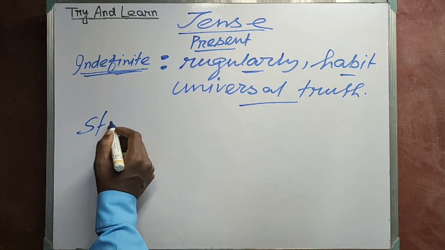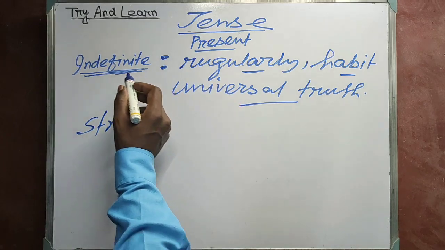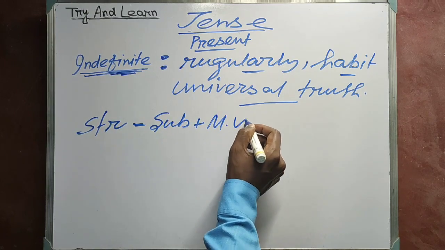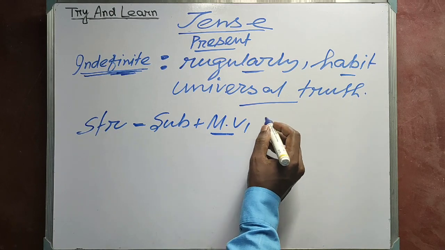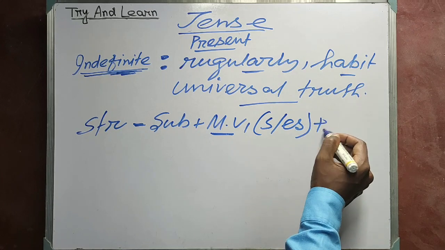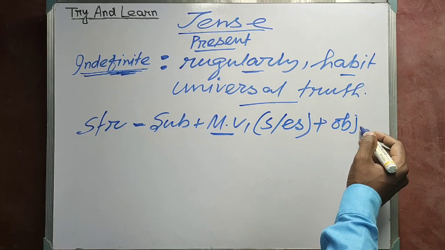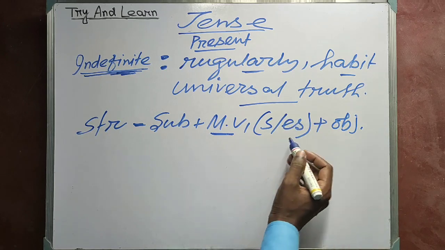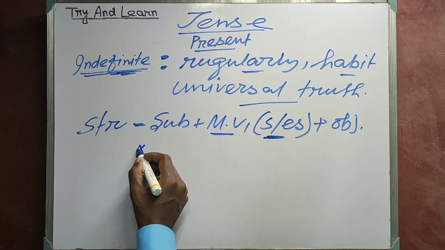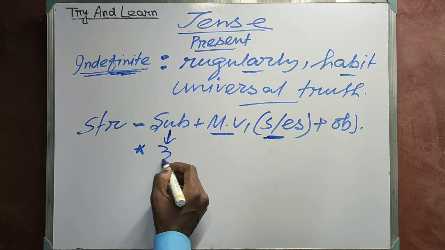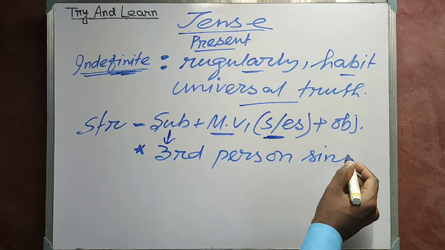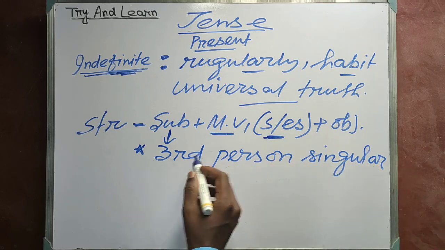The structure of the sentence in present indefinite is subject plus MV1, means main verb in the root form or the base form, s or es, plus object or sometimes complement. The s or es is kept in bracket because it is used sometimes, when the subject is third person singular number.